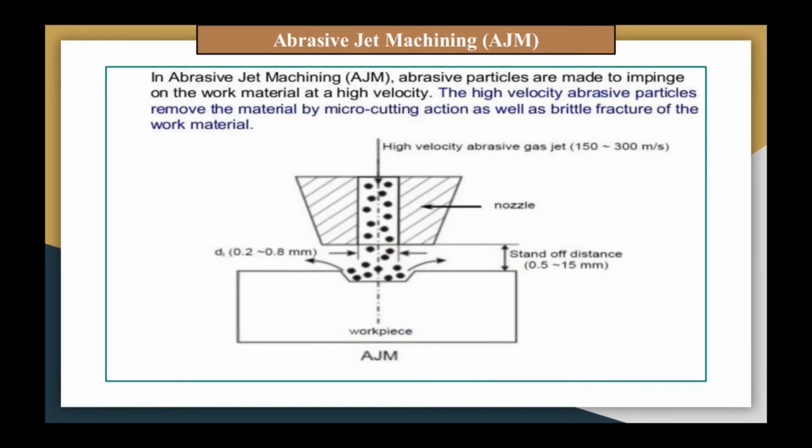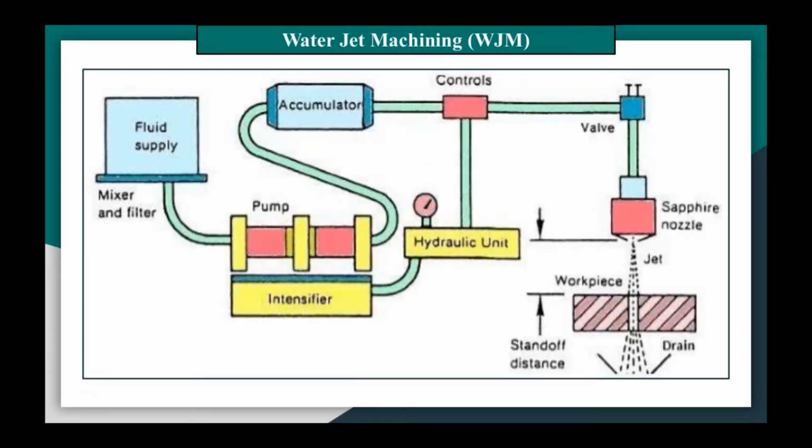Let us take the overview of water jet machining also. In water jet machining, a high velocity jet of water is used to remove the material, and here a fluid pump is used to increase the water pressure as high as 2500 to 4000 bar.